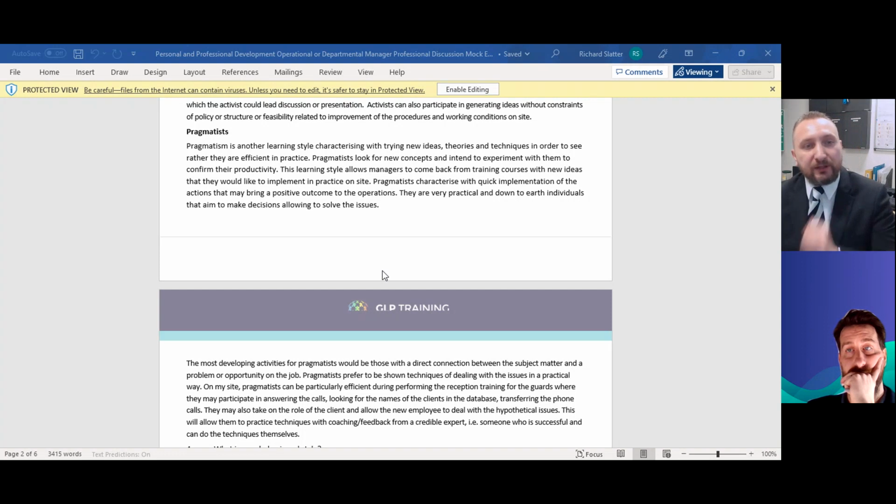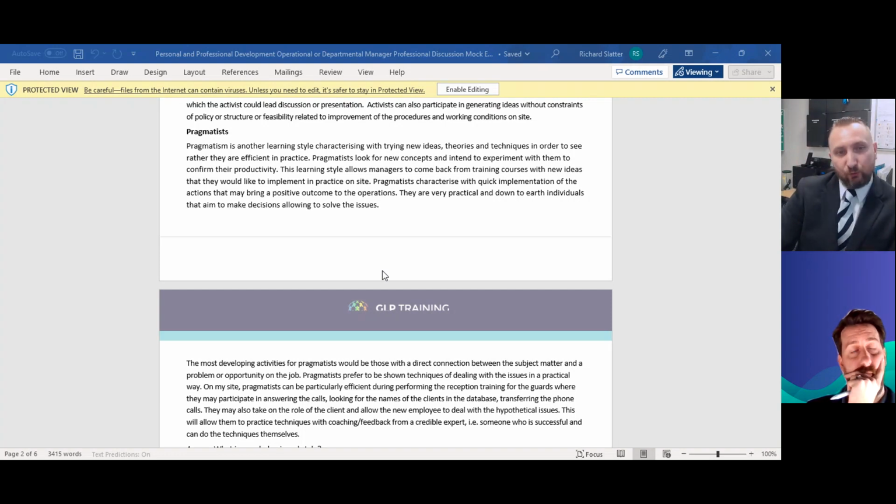The most suitable development activities for pragmatists would be those with a direct connection between the subject matter and a problem or opportunity on the job. Pragmatists prefer to be shown techniques of dealing with the issues in a practical way. On my side, pragmatists can be particularly efficient when performing the reception training for security officers, where they may participate in answering the calls, looking for the names of the clients in the database, and transferring the phone calls.